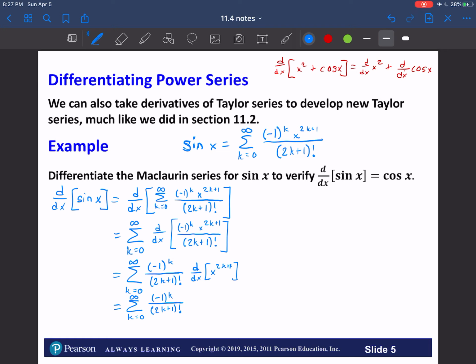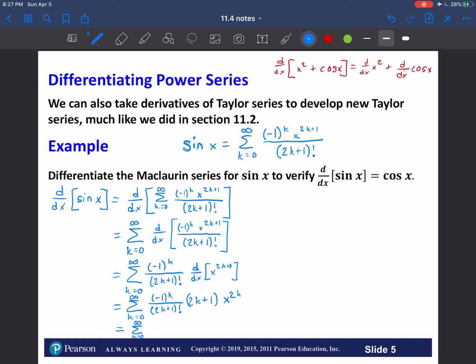So we have 2k plus 1 times x to the 2k, 1 less power. And we can simplify this. Notice, we have a 2k plus 1 and a 2k plus 1 factorial. Those cancel out a little bit and leave me with just 2k factorial on the bottom.